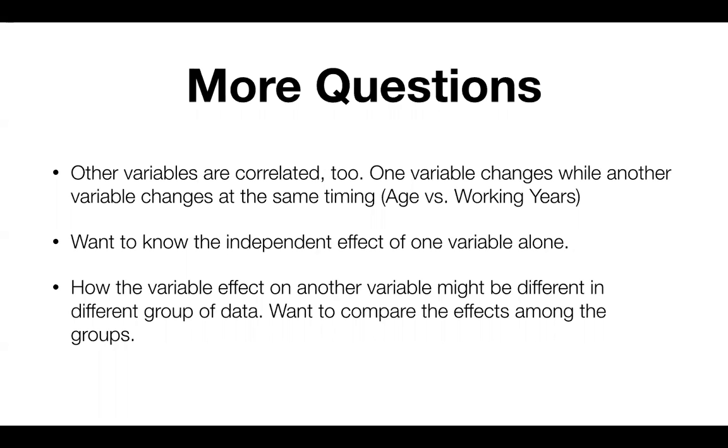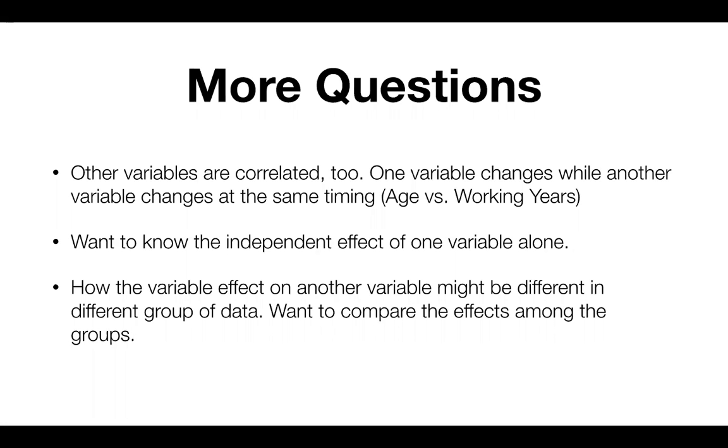If age changes, working years will change, and vice versa. So we don't know whether it is because of working years in this company, or because this person is getting older. We get confused about which one really has a true effect on monthly income. Basically, we want to know the independent effect of one given variable, and that is something we haven't been able to figure out.